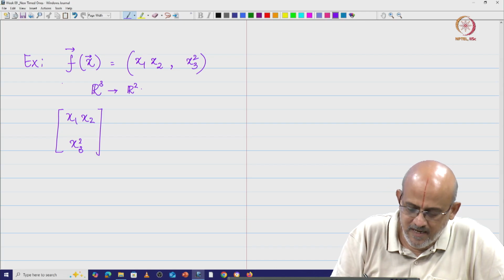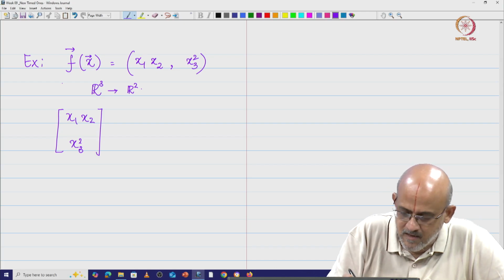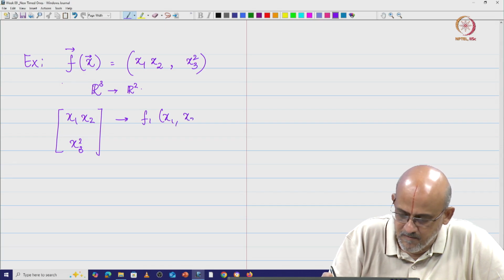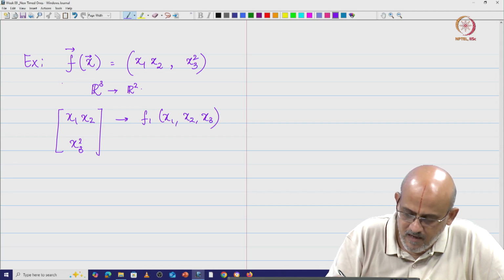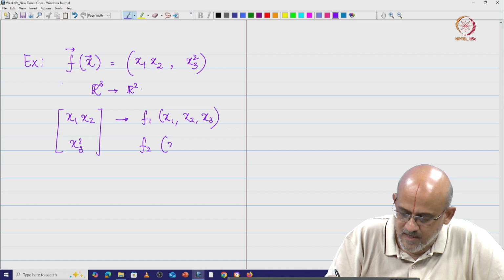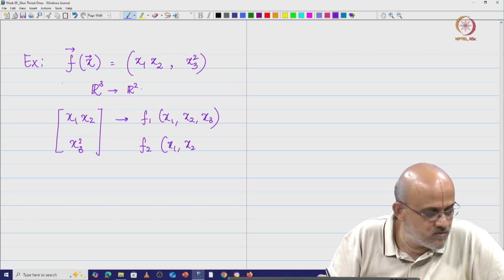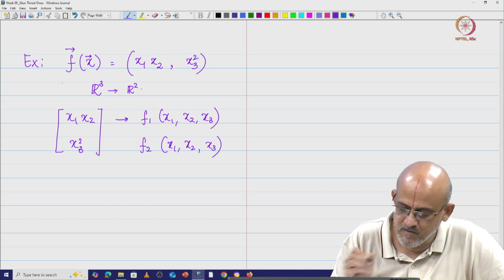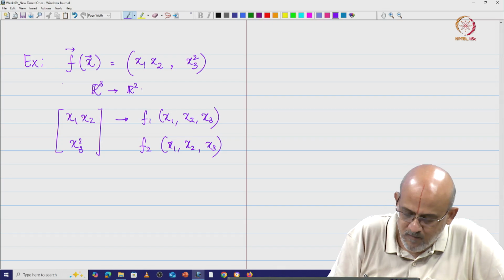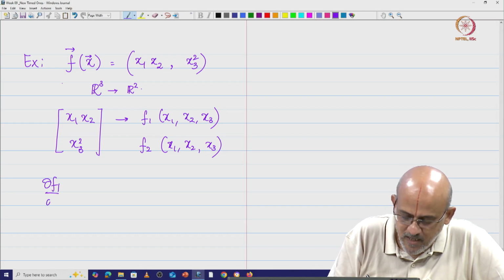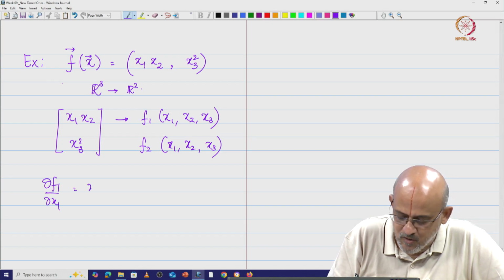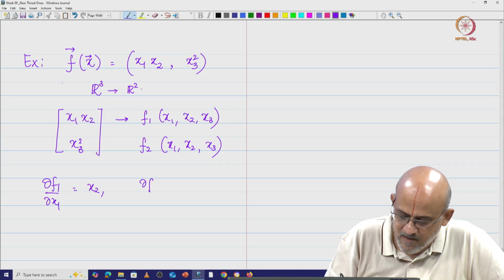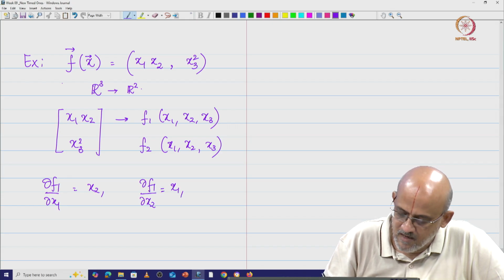This is going to be my f 1 of x 1 x 2 x 3, and this is f 2 of x 1 x 2 x 3. I want to look at dou f 1 by dou x 1, which is nothing but x 2, dou f 1 by dou x 2, which is nothing but x 1, and dou f 1 by dou x 3, which is 0.